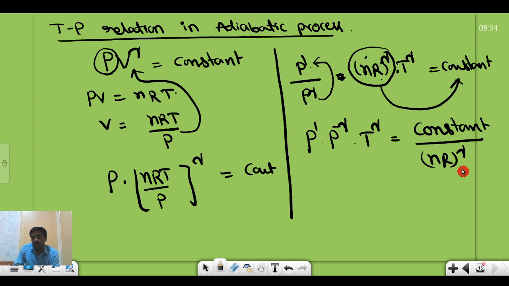This must be another constant, so P power 1 minus gamma into T power gamma is equal to another constant, which we take as K.